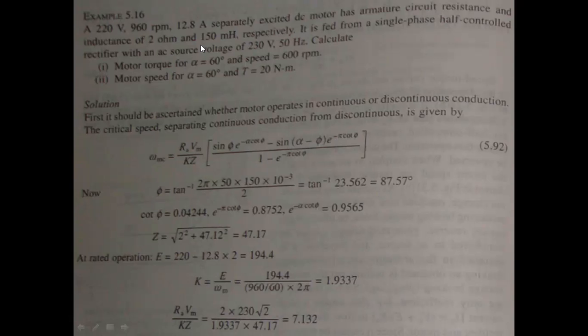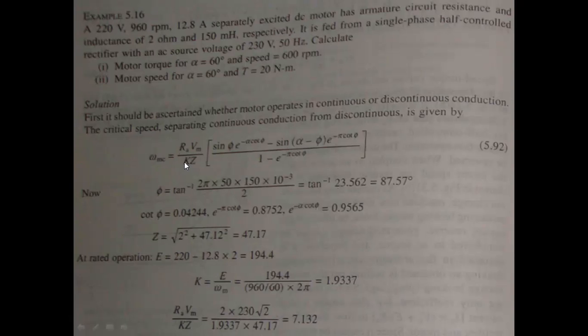They have given 150 millihenries L, and omega L is 2 pi f L. From this we find x, you will get x value as 47.12. So r square plus x square, total root gives Z as 47.17.